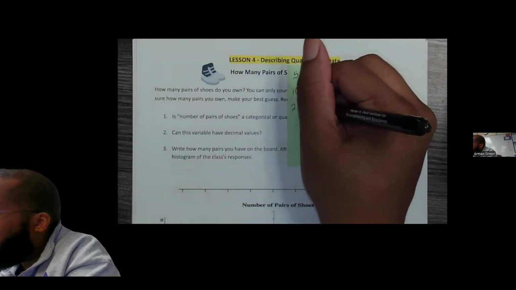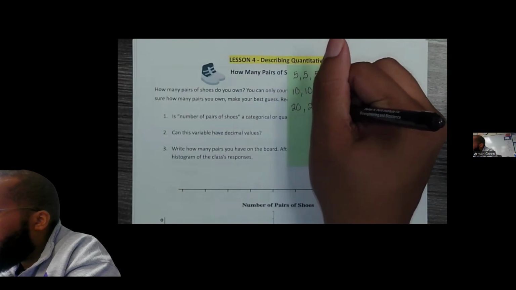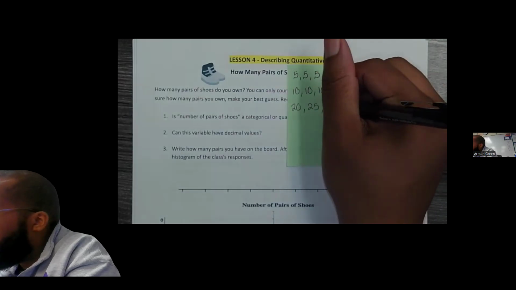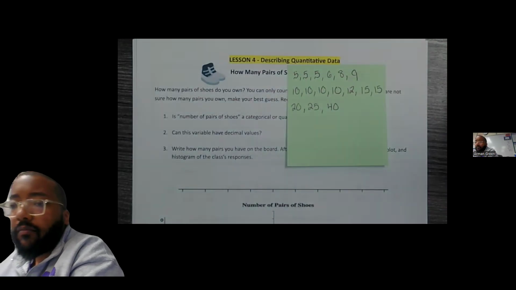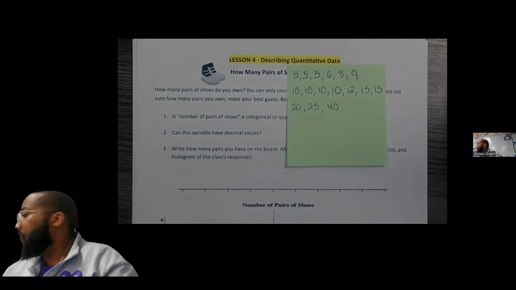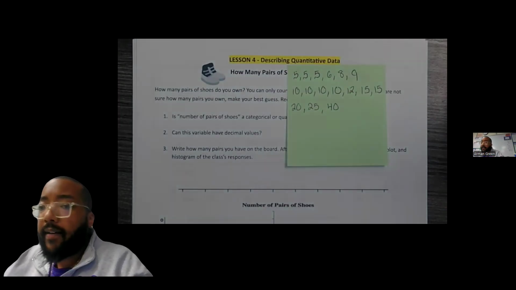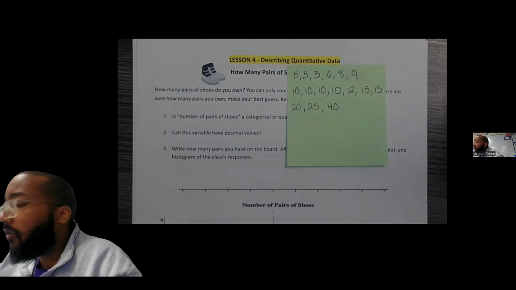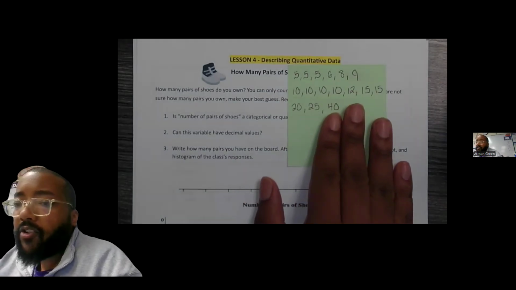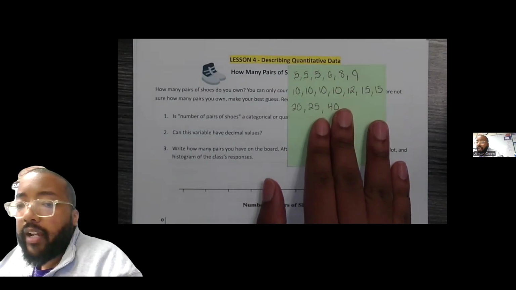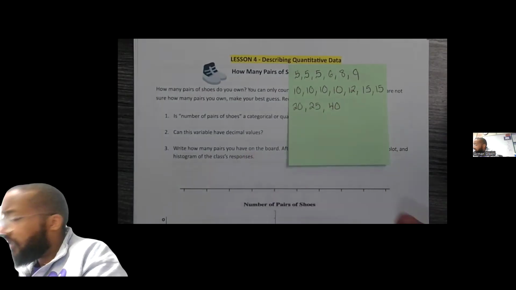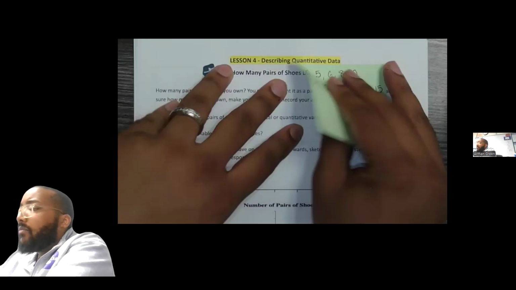One person said 20. We had a 25, and we had one that said 40. So this teacher had quite a few Nikes. What we're going to do is take this information and answer some of these questions at the top of page 13 of our packet.